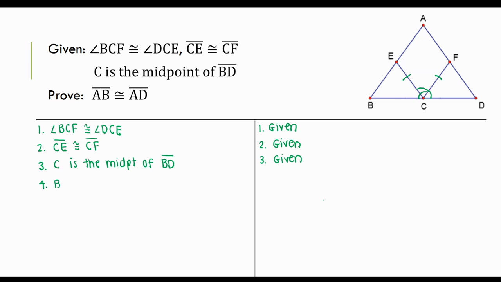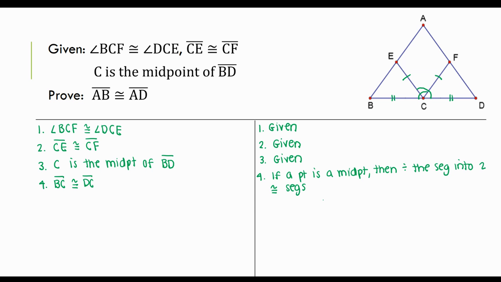So it looks like segment BC is going to be congruent to segment DC, because if a point is a midpoint, then it divides the segment into two congruent segments. And then I'm going to mark them.